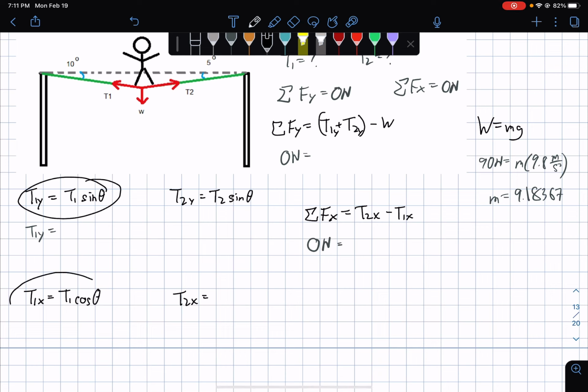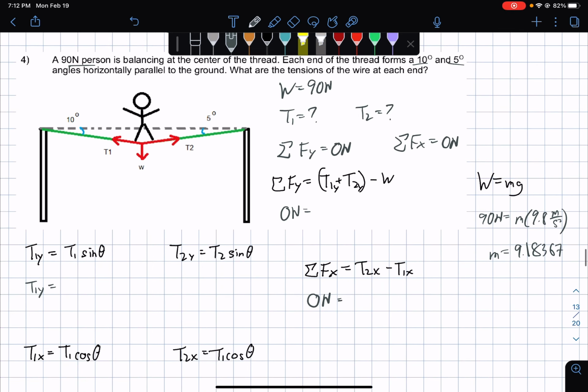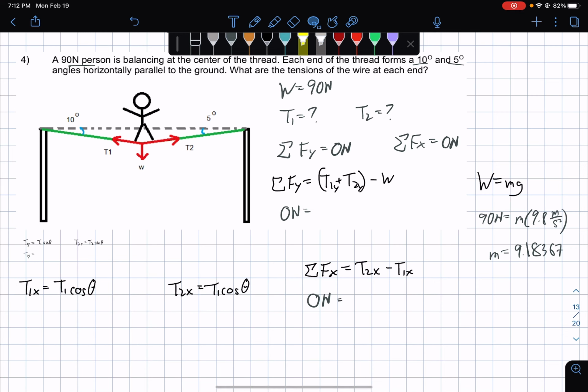What's the difference between this and this? Well, for y, remember that it's going to be sine. For x, it's going to be cosine. So, t1 is what? We don't... Wait, no. I don't think we have to find those things at the moment.